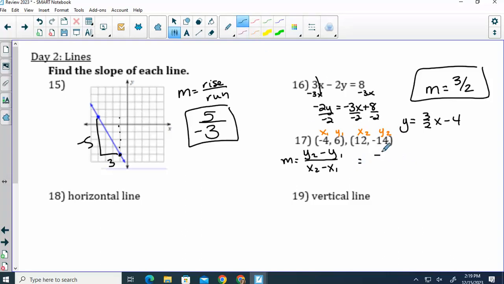So y2, negative 14, minus y1 is 6, over x2 is 12, minus negative, so plus 4. So we have negative 20 divided by a positive 16. We usually kept these in fraction form because for graphing purposes, we like the rise over run, the fraction. So just in lowest terms, and remember if you do that on your calculator, you just do it as a divided by and hit math number 1. What does that reduce to? Negative 5 over 4. You can divide by 4 on top and bottom.